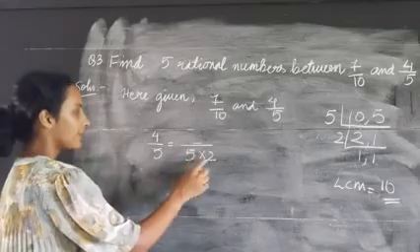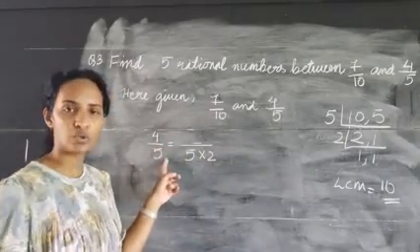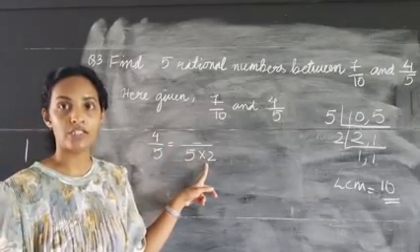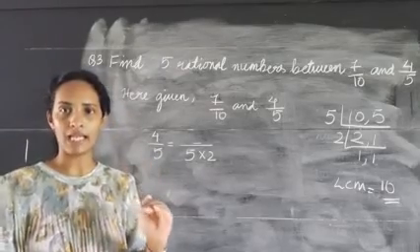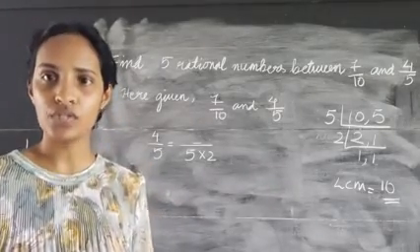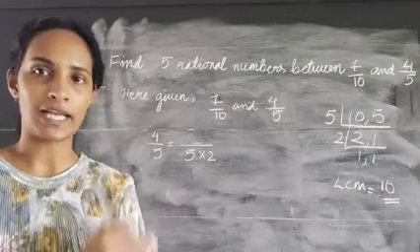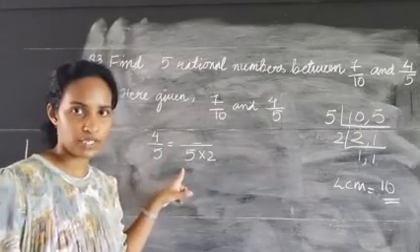Now, 5 into 2. Now, in a fraction, you know that whatever we do to the denominator, we need to do it to the numerator as well, so that the fraction will be balanced and there will be no changes, right? We cannot randomly add or subtract or multiply or divide any number to either the numerator or the denominator.